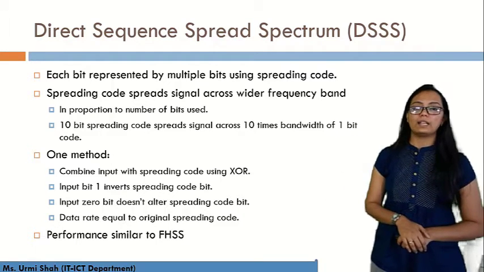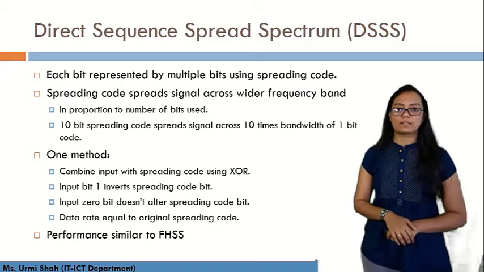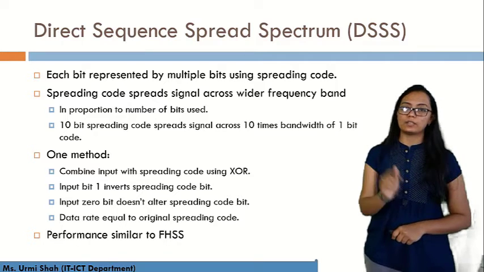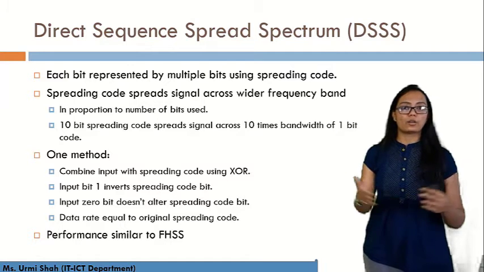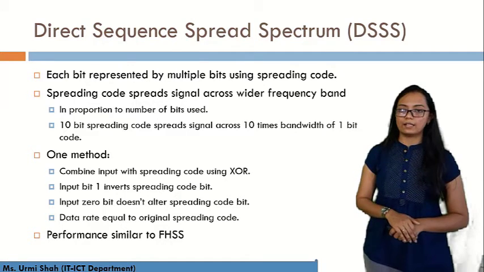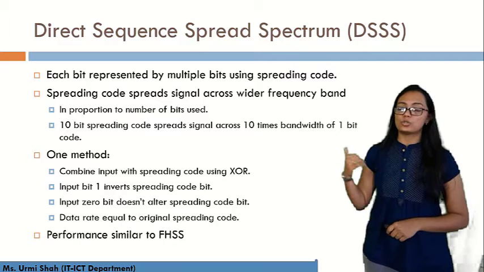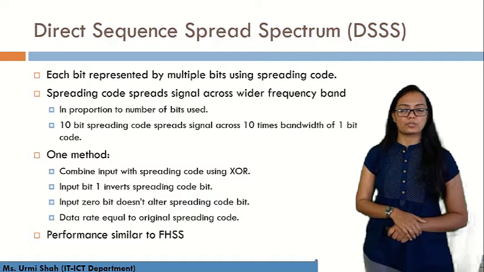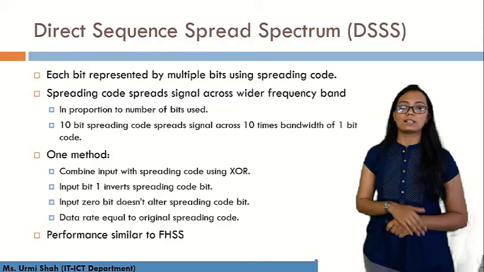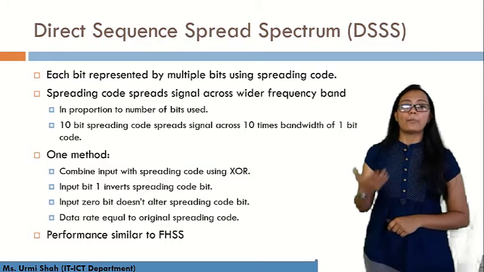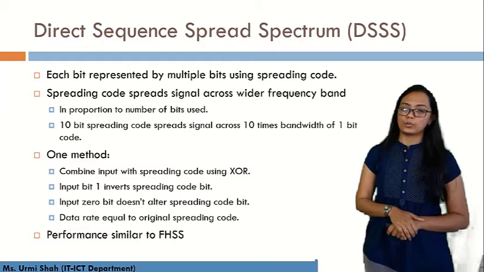In direct sequence spread spectrum, each bit is represented by multiple bits using a spreading code. The spreading code spreads the signal across a wider frequency band in proportion to the number of bits used. A 10-bit spreading code is spread 10 times the bandwidth of a 1-bit code.